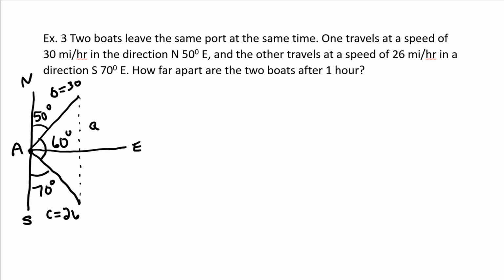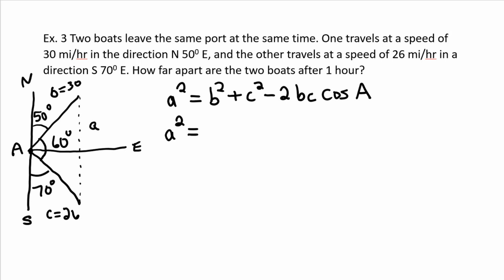Let's use the law of cosines to get the length A. We're going to use A squared is equal to B squared plus C squared minus 2 times BC times the cosine of A. So we'll continue.